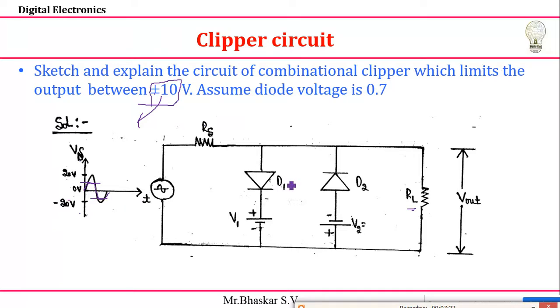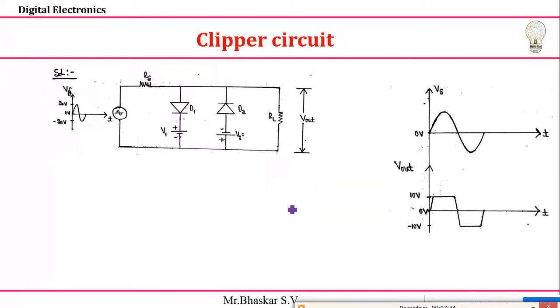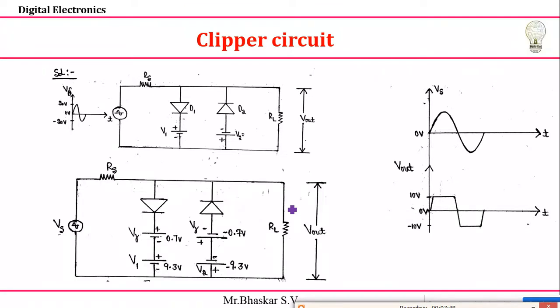Now, I already told you that these two diodes are silicon diodes. I'll use this as silicon and this as a silicon diode. Having the diode voltage of 0.7 means first I want to write the equivalent circuit of this. So I'll take the equivalent circuit. You can see that this diode has some voltage, 0.7, and D2 also has minus 0.7.